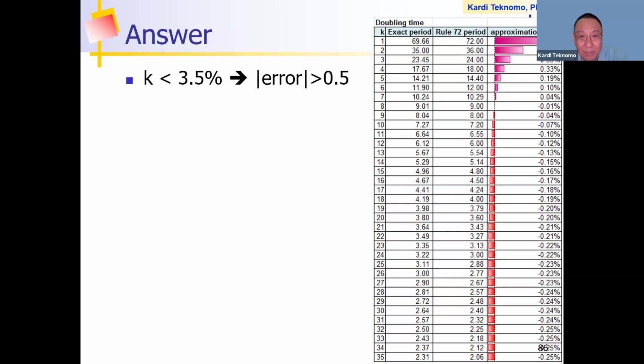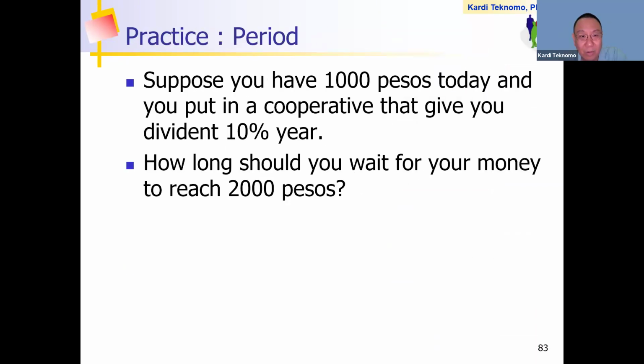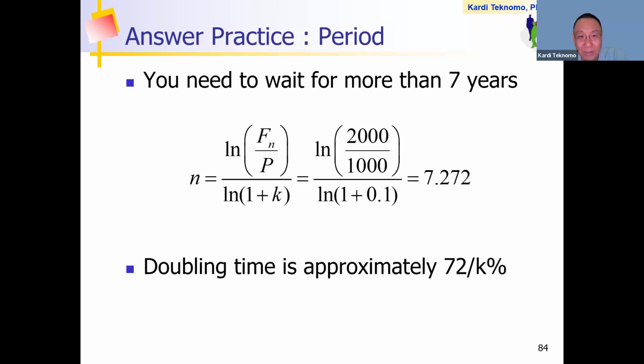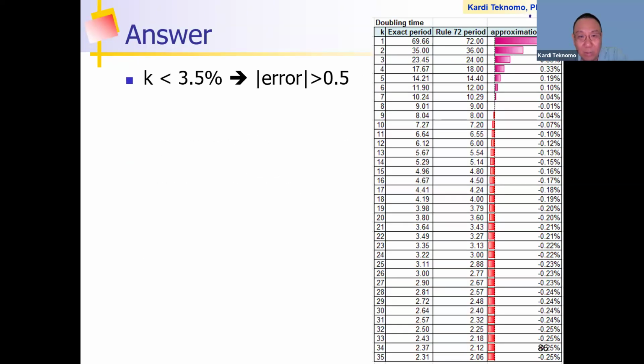This is the exact period of doubling time based on the earlier formula, and then this is Rule 72, and this is the approximate error. You start to see that for K less than 3.5, the error is actually larger than 0.5.